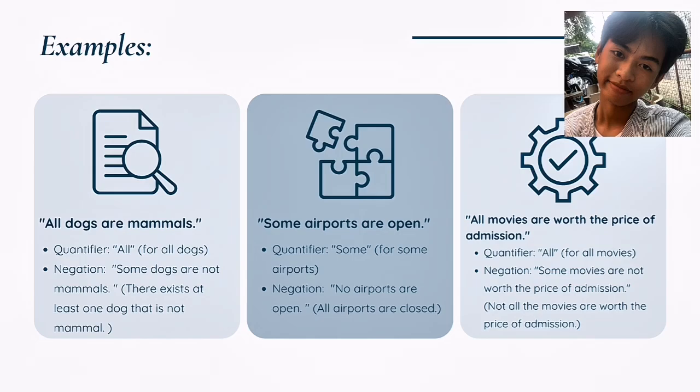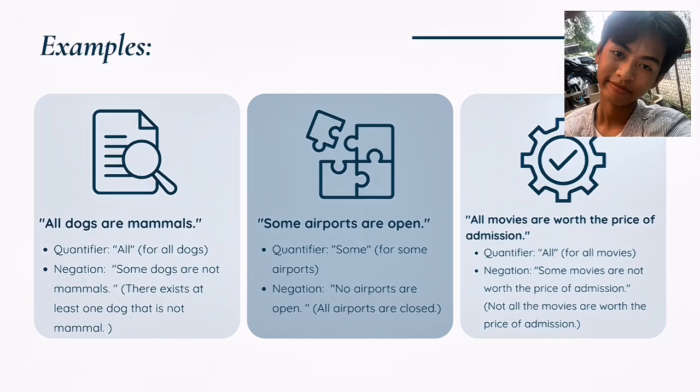So there exists at least one dog that is not a mammal. As we can observe here, we negated it to become a false statement based on the original statement, and we are denying that all dogs are mammals.